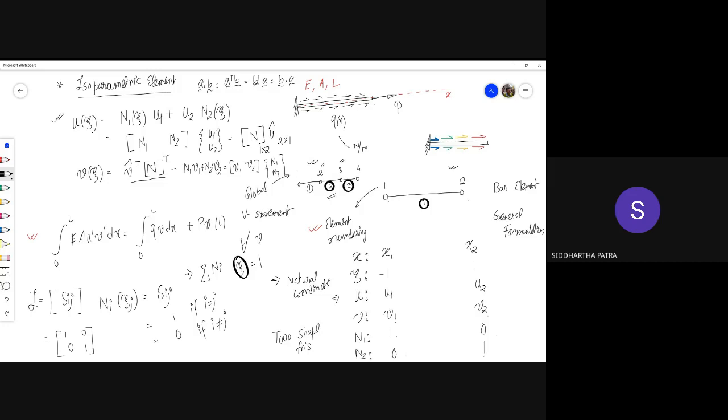Next, I will just say one thing, which is that x is now also a function of xi. The physical coordinate is also now a function of xi, and it's nothing but N times x hat, where x hat is x1, x2.